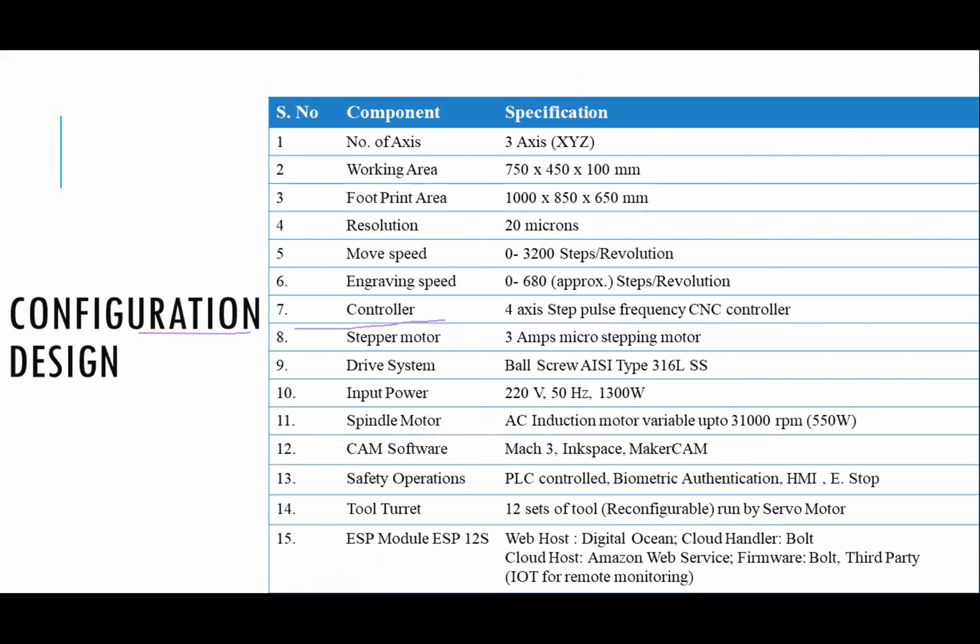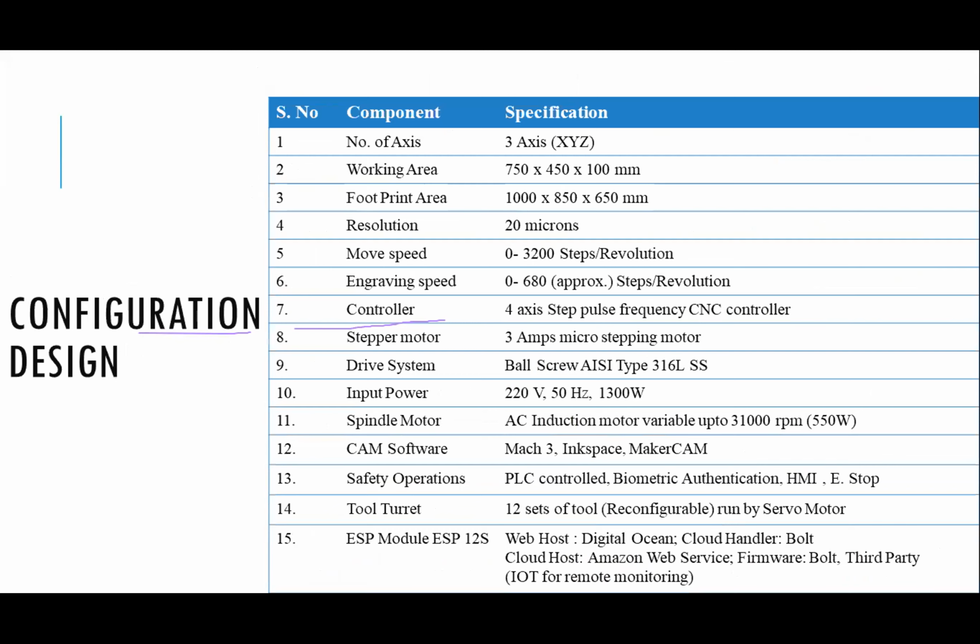What are the actual things that are needed? With this configuration design, it may be a prototype or a product, so we are making it as a single thing. We made a simple prototype with wood, but later it has to be converted into a product. That is the direct requirement.